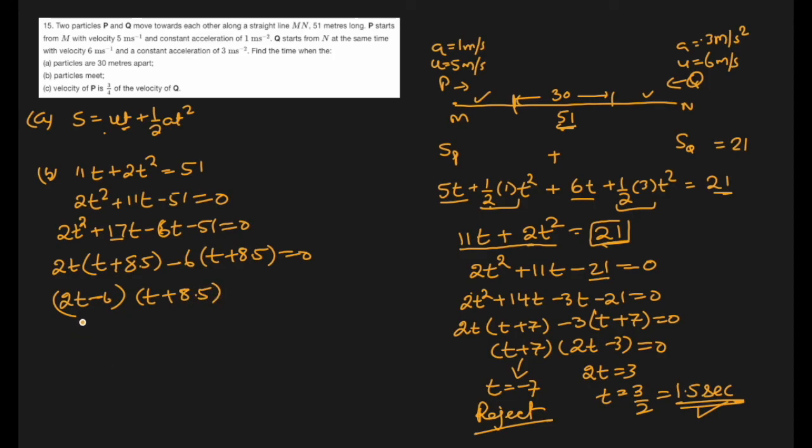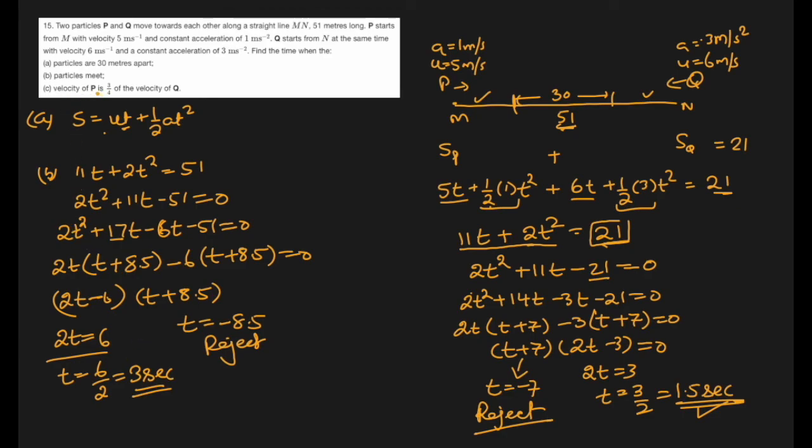So what do we get here? 2T equal to 6, and here we get T equal to negative 8.5. Obviously this is not possible. That is possible. So T is 6 divided by 2, 3 seconds. They meet after 3 seconds.